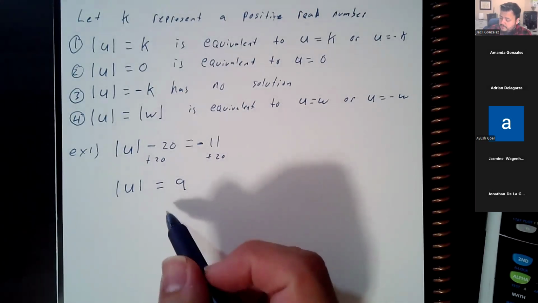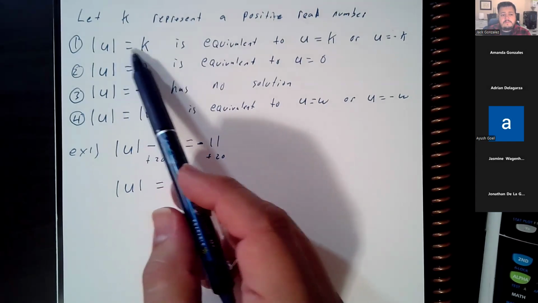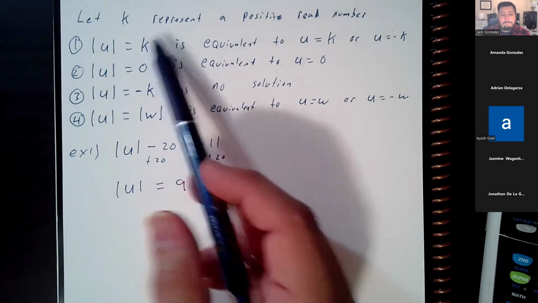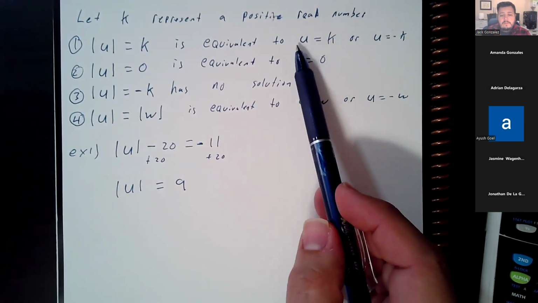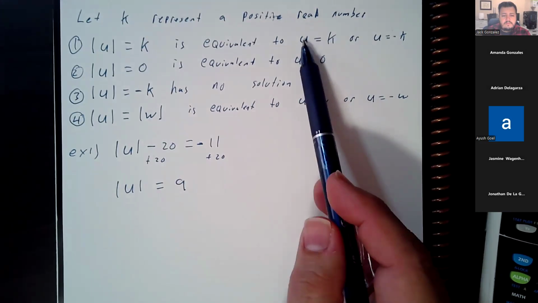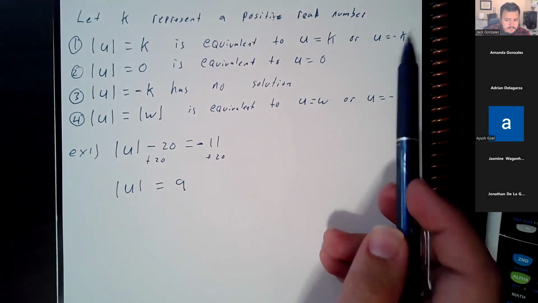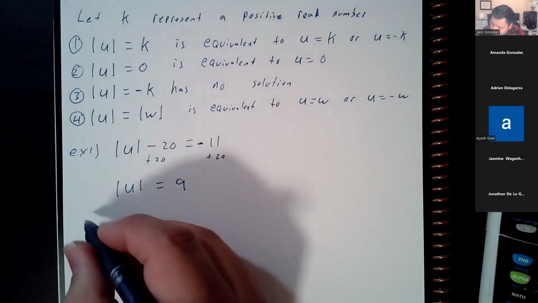Okay, so in order to remove it, check it out right here. It says absolute value of u is equal to k. In order to remove it, you have to write two equations. So once it's gone, you put u equal to that number or u equal to the negative of that same number. So this is what we're going to do.